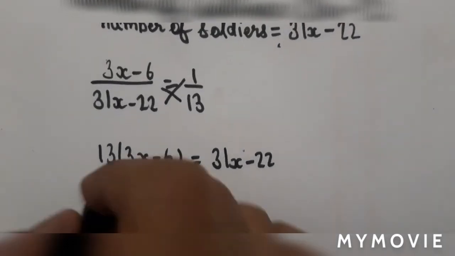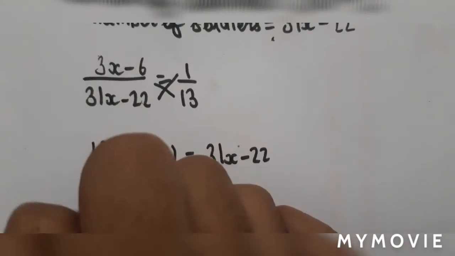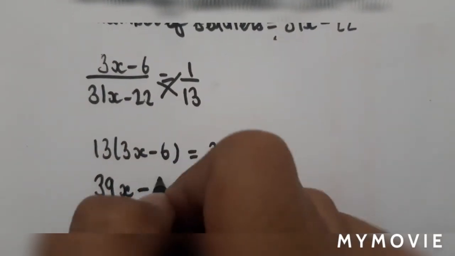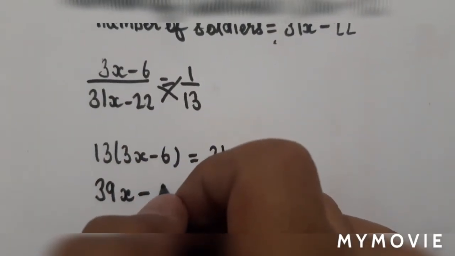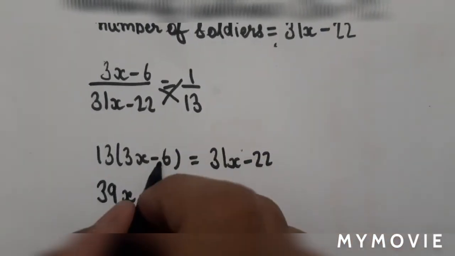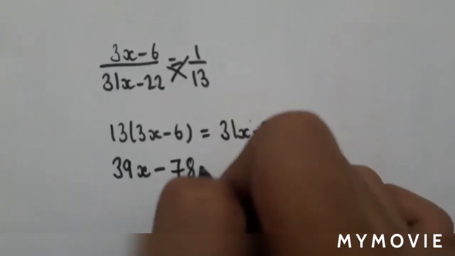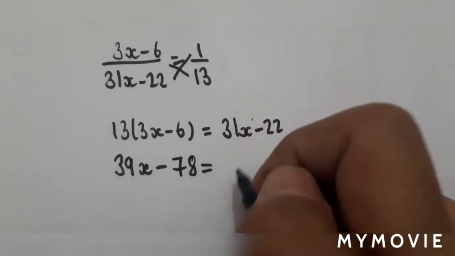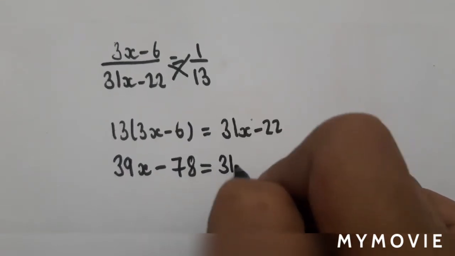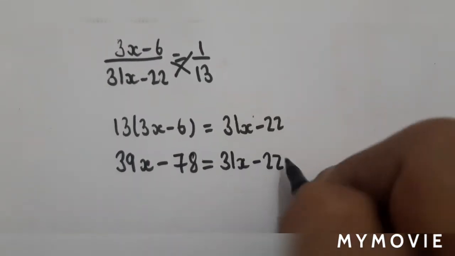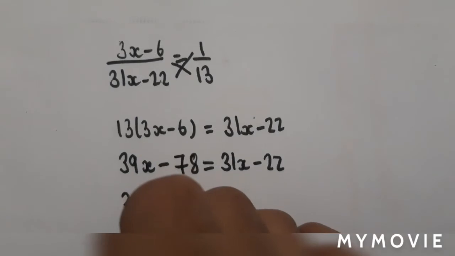So 13 3s are 39x minus 13 6s are 78 is equals to 31x minus 22.